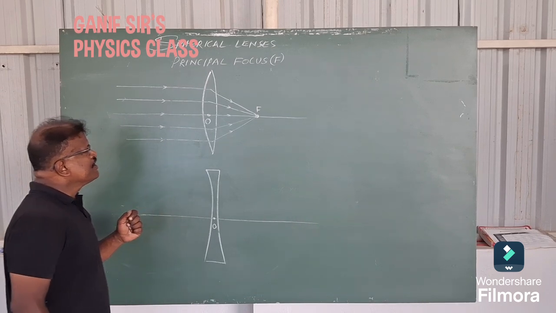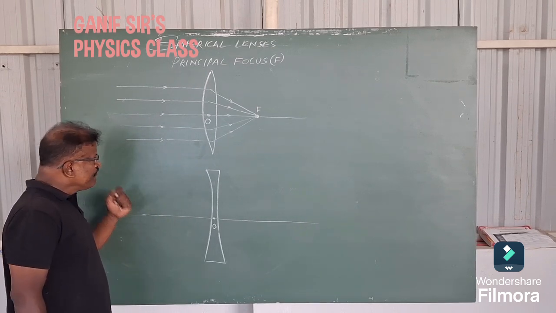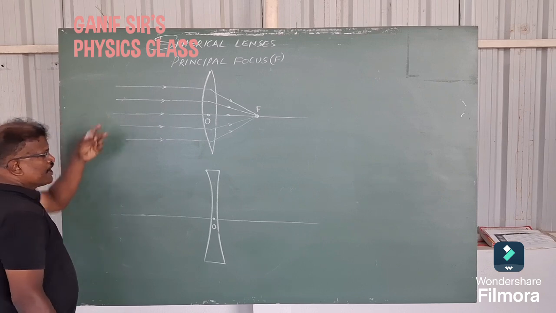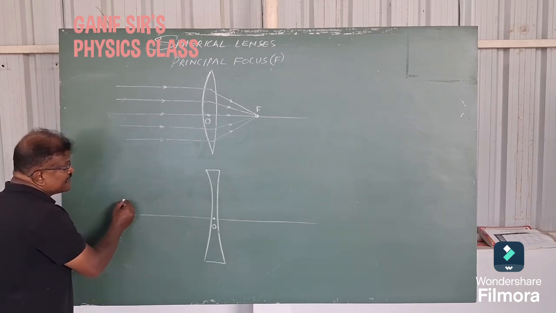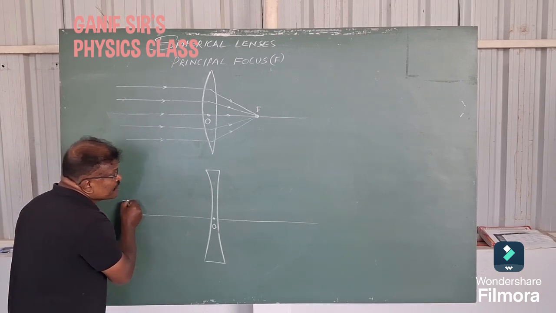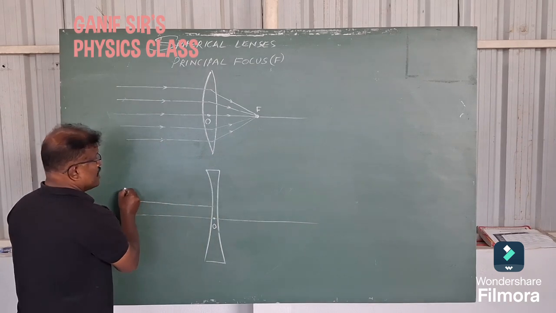Now let's see what happens when rays of light parallel to the principal axis are incident on a concave lens.